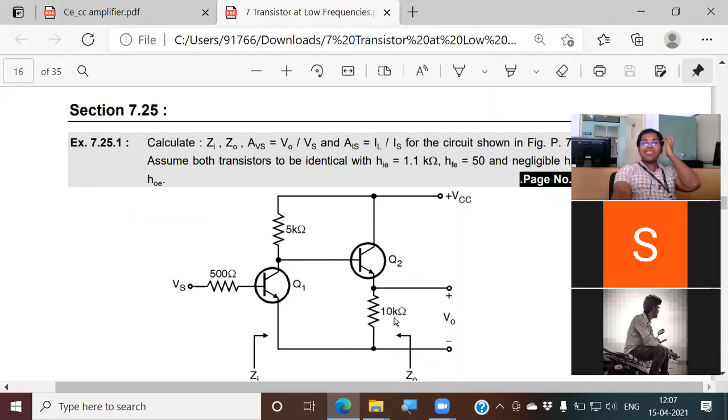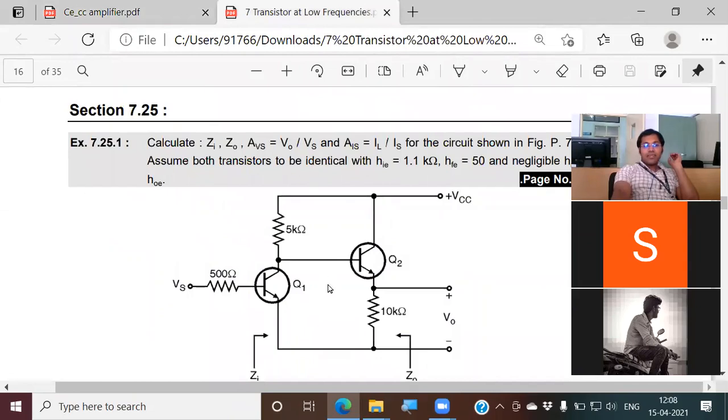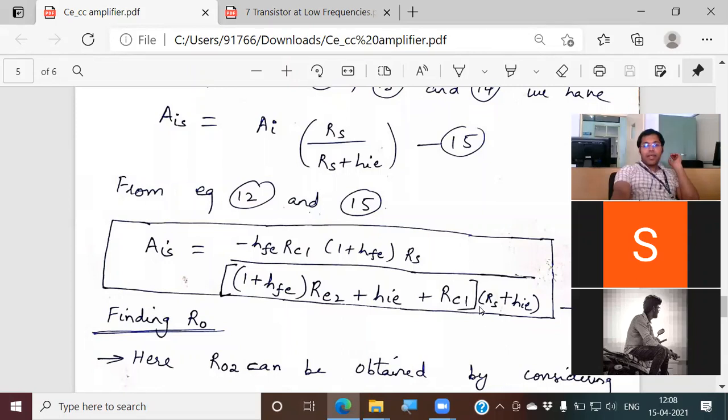Please note, kilo is 10 to the power of 3. 10K you take as 10,000, 5K you take as 5,000. I hope you already know it. So this is 51 into 10,000 plus 1.1K, which means 1100, plus RC1, 5K, so RC1 is 5,000, into RS 500, HIE 1.1K means 1100.